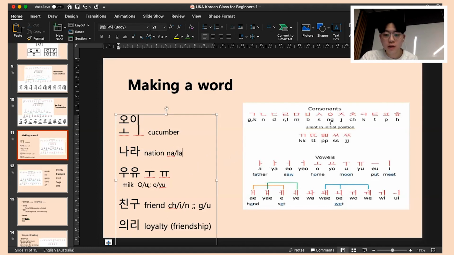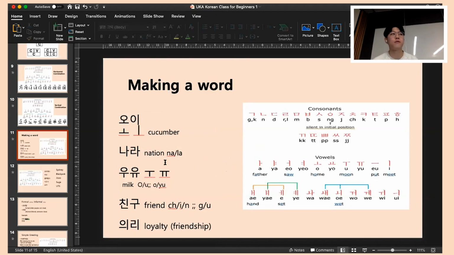It's a little hard to differentiate between R and L. If you've talked to some Korean friends, some of them have trouble pronouncing these two, the R and L sounds.